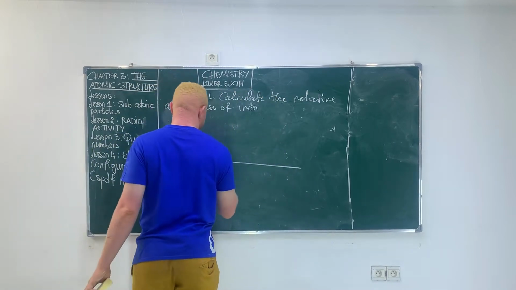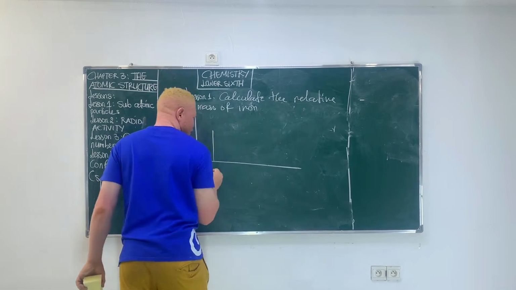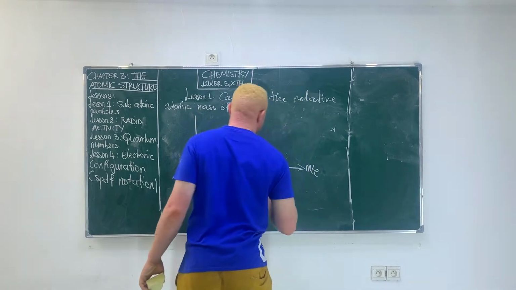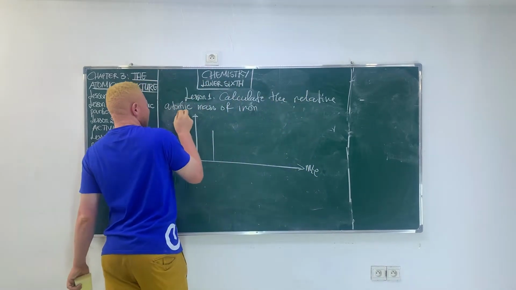So here we have iron. Here you have the mass to charge ratio and the abundances.